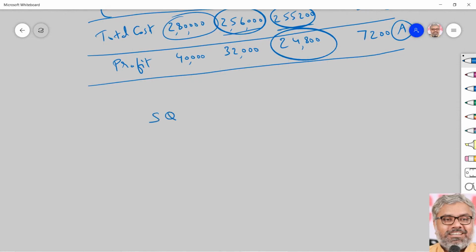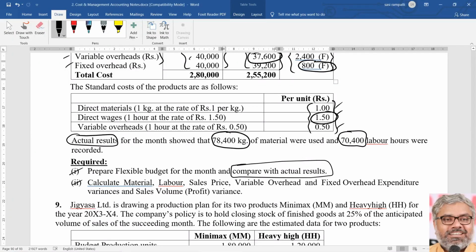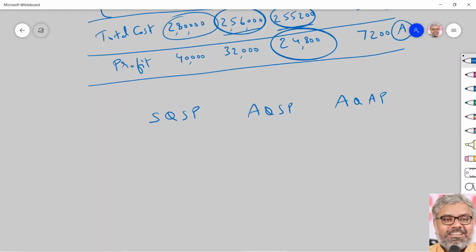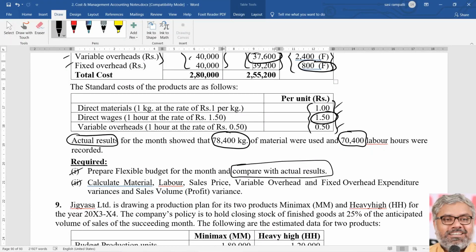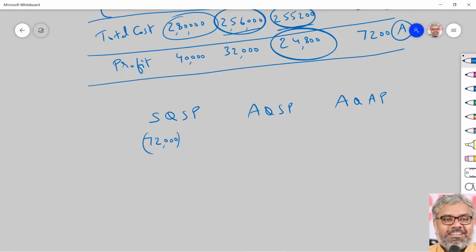So let us take SQSP, AQSP, AQAP. Right? So how much was the standard quantity of materials required for actual output? That we already know. 72,000 units. Kgs also, because 1 unit requires 1 kg.